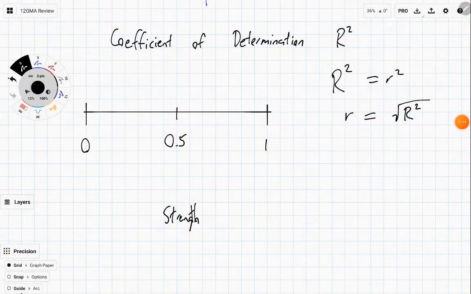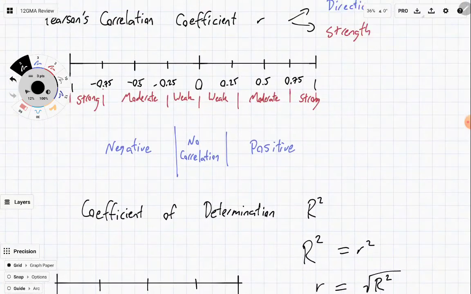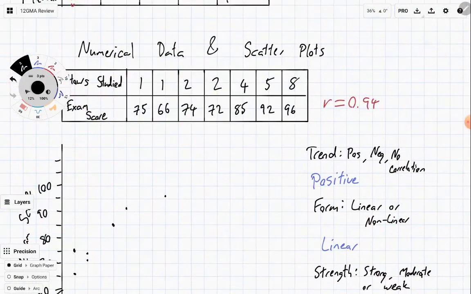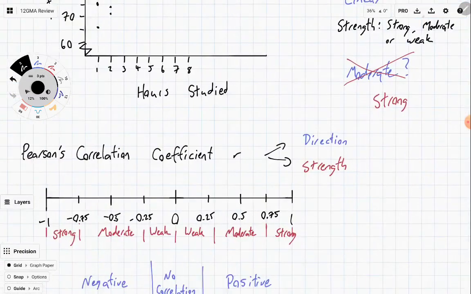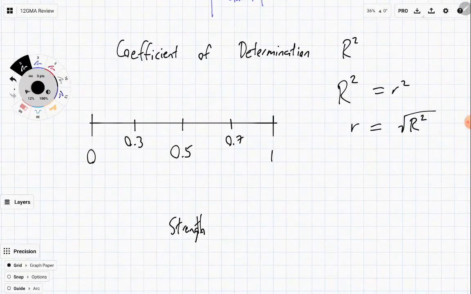Okay, and so in our previous example, the coefficient of determination is 0.88, which is still within our strong category. Strong, moderate, weak, and none.